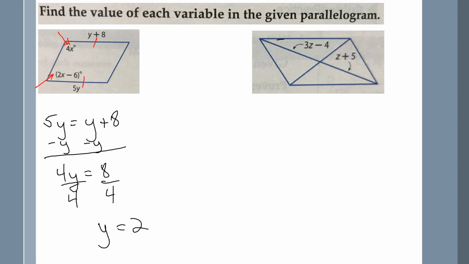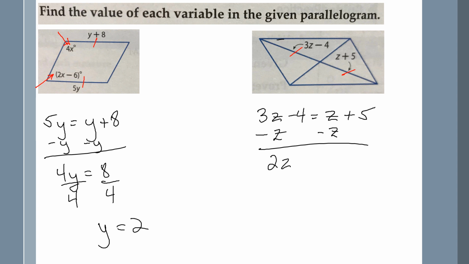Okay, now we're going to solve for z. Well, we're going to use the same idea that we learned earlier, that the diagonals bisect each other, so these two things are equal. So I've got 3z minus 4 equals z plus 5. So I'm going to subtract z from each side, and I've got 2z minus 4 equals 5.